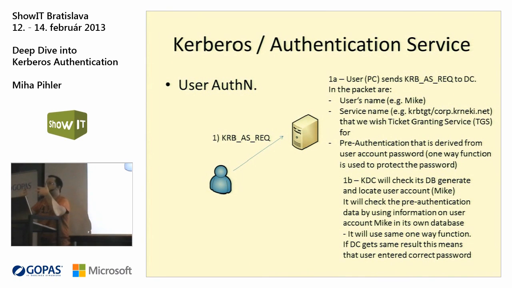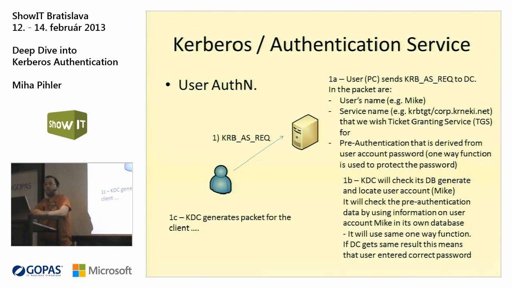If it matches, it means I sent the correct password. If it doesn't match, it assumes that I sent the incorrect password and it will deny my logon. But let's assume it matches, right? So it will check my password. It's correct. I'm successfully authenticated.